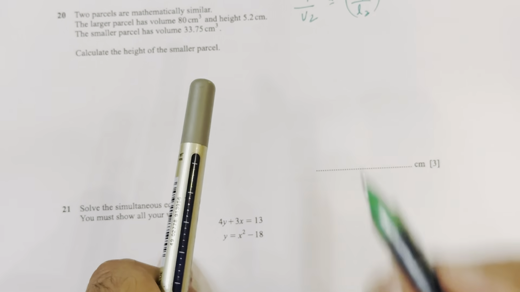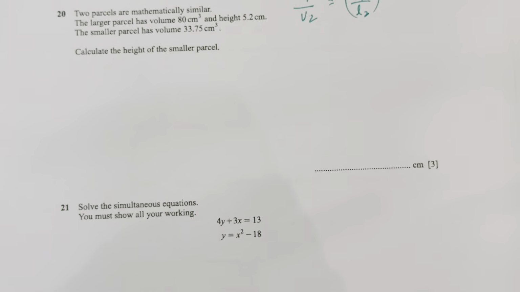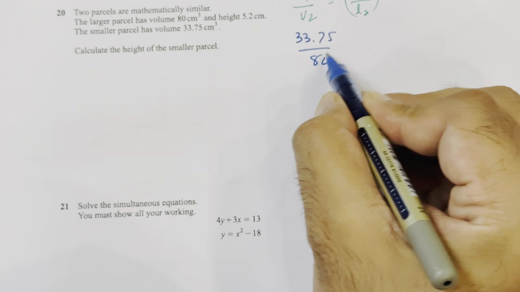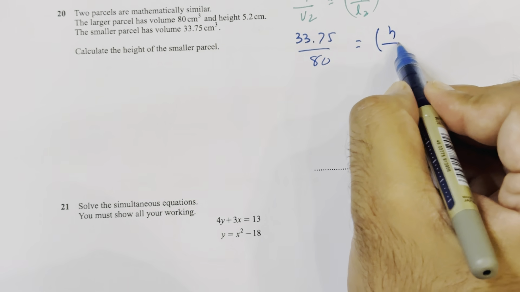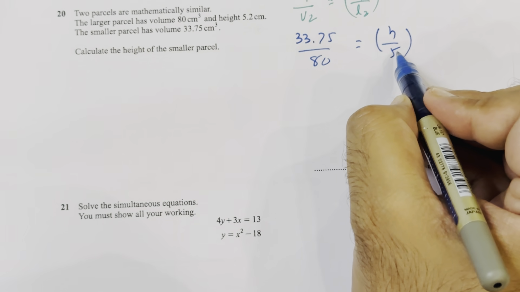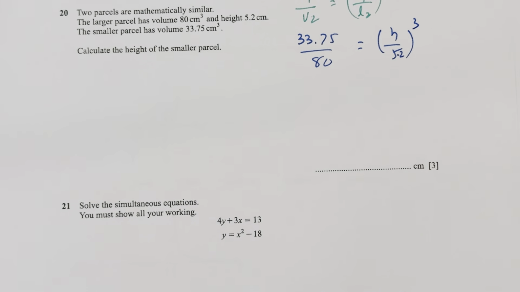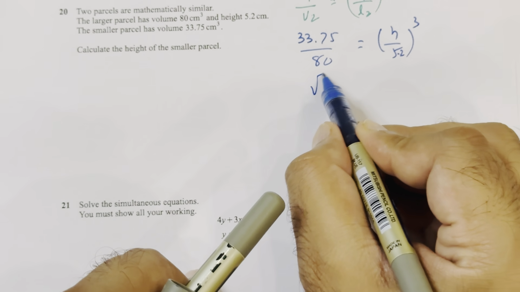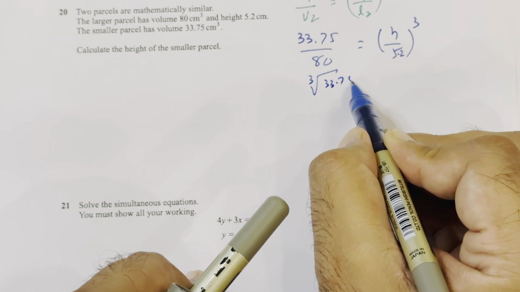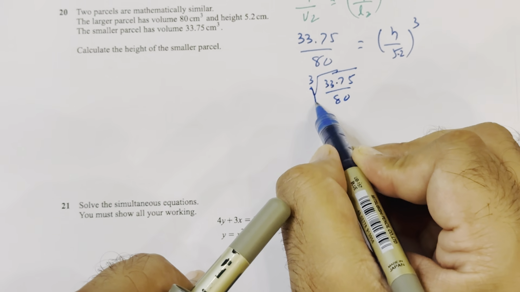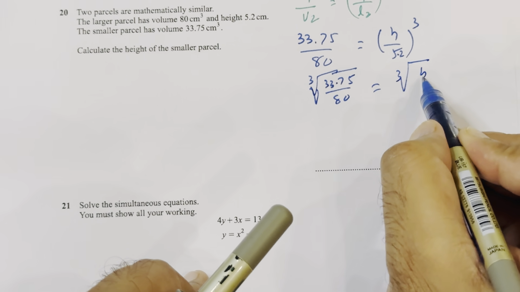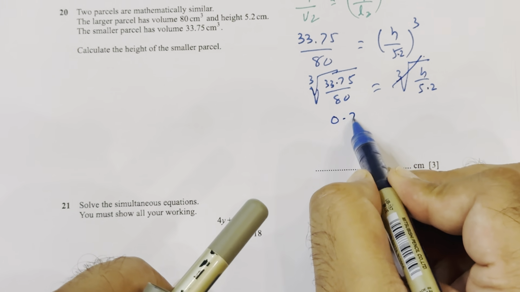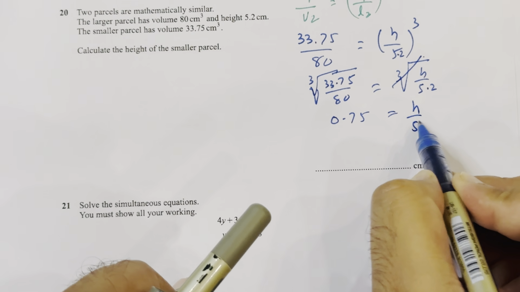Over here L1 and L2 are represented by H1 and H2. So it would be like that: 33.75 divided by 80 is equal to H over 5.2 cubed. After taking the cube root and solving it, this cube root would be cancelled by this, and this would be 0.75 is equal to H over 5.2.